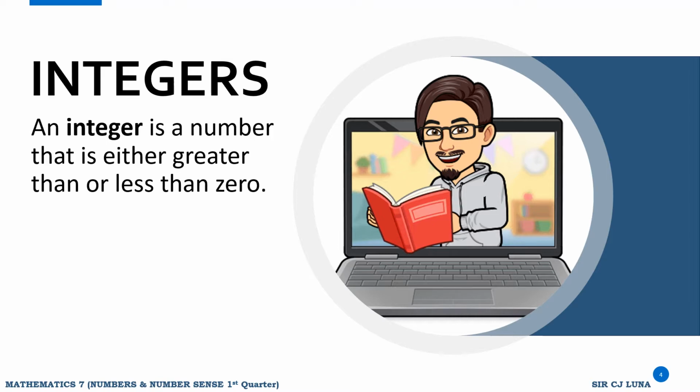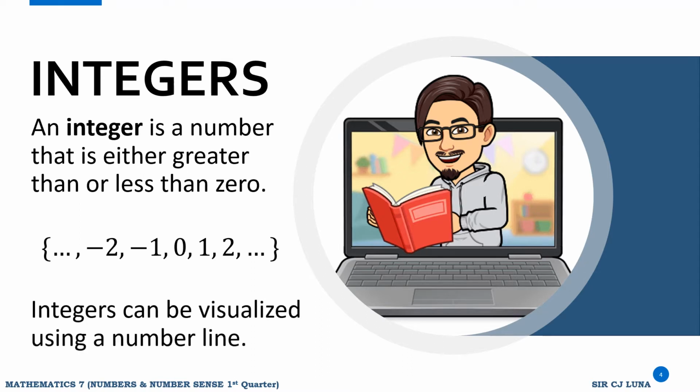We can represent it using these sets. So as you can see, we have ellipses before and after the given numbers, meaning they continue infinitely. Okay, so these integers can be visualized using a number line.